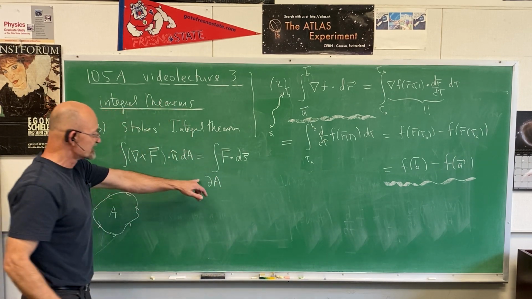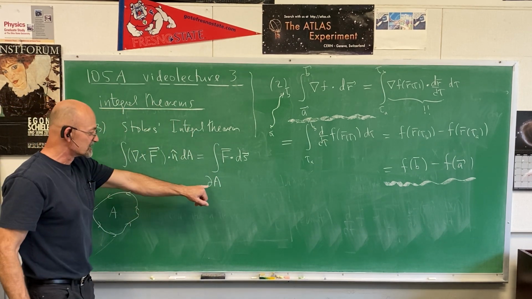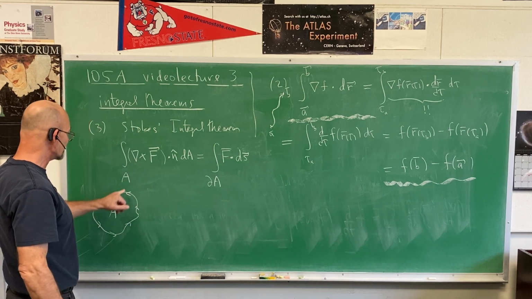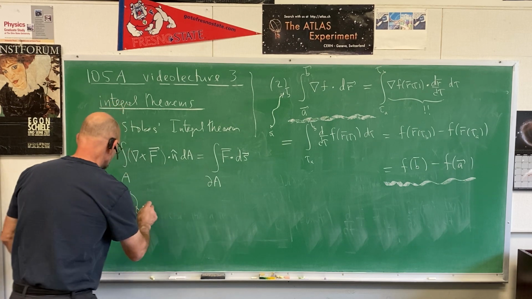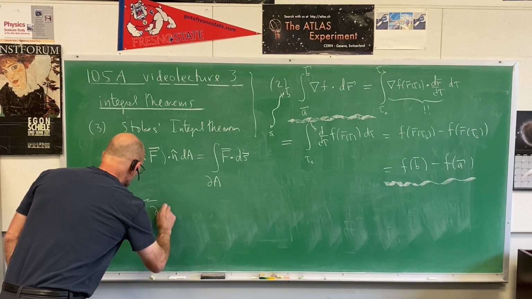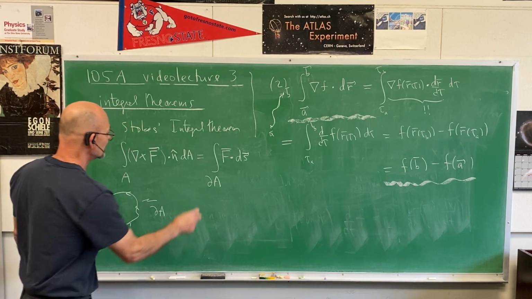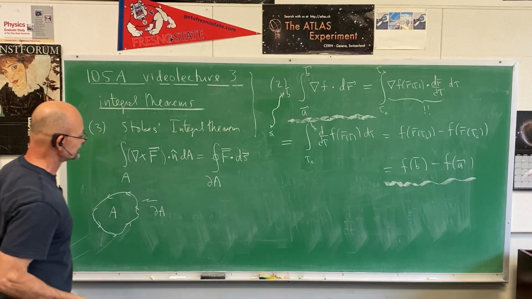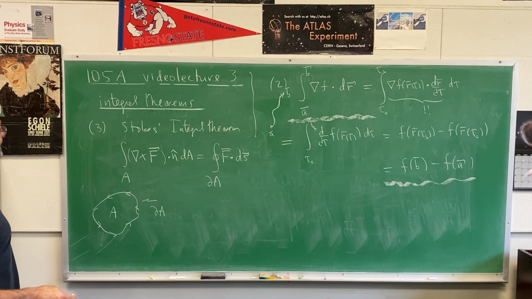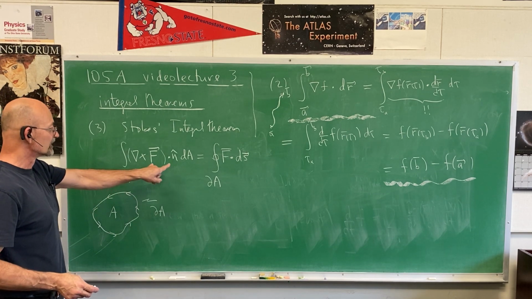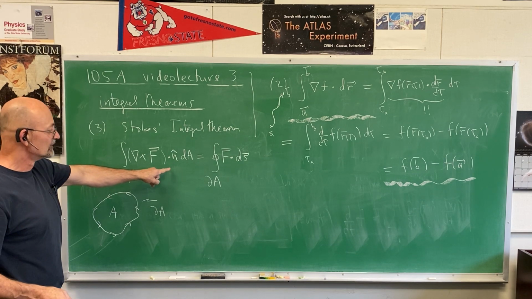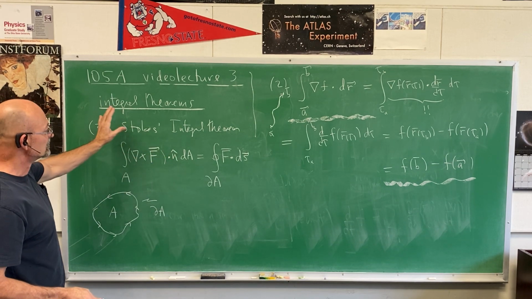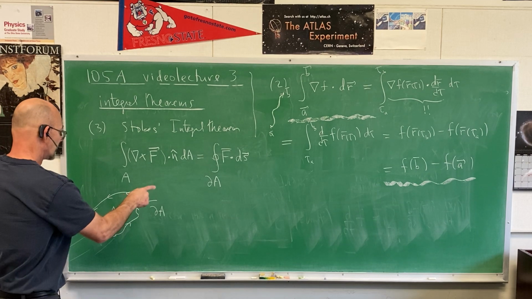I think this is a nice nomenclature that we get from the mathematicians. This del just represents the boundary of this set here. So this is an area, so this is the boundary of it. Okay, oriented closed curve. Okay, whatever. Good, so there's Stokes' integral theorem. And this is the one we need, so we're going to hold on to this one. This is the one we need for our central force, or for our potential energy problem.